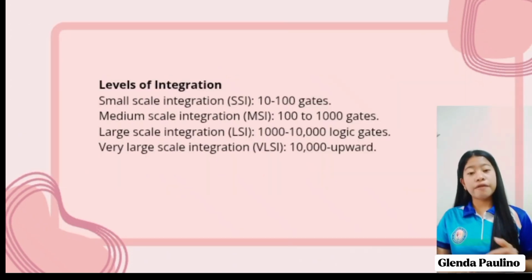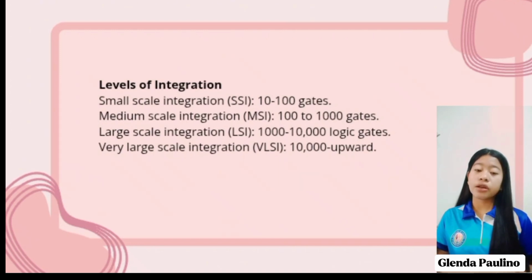Next is the level of integration. So an integrated circuit is actually an electronic device that gathers or integrates a number of electronic components into a small semiconductor. So here are the numbers of gates in an integrated circuit. First is the small scale integration.